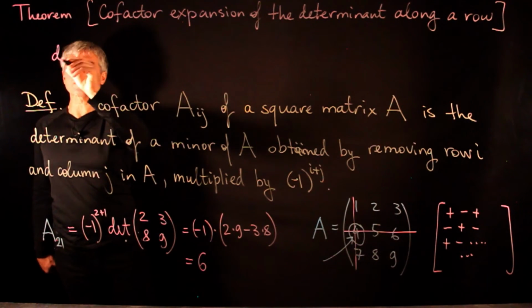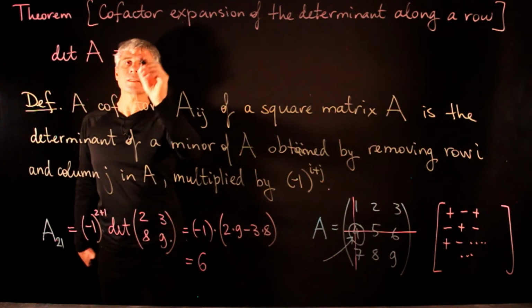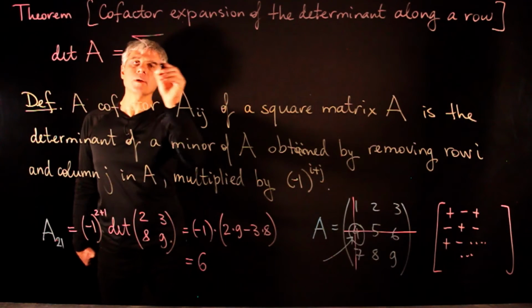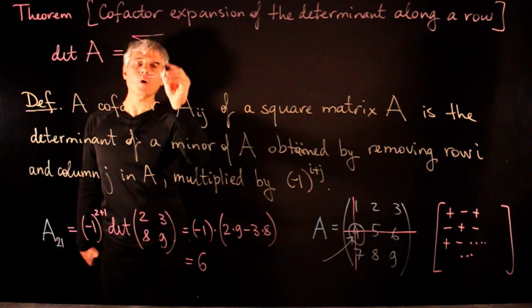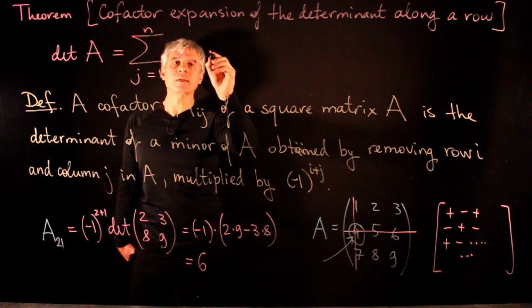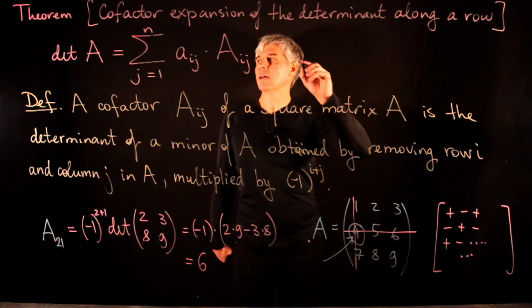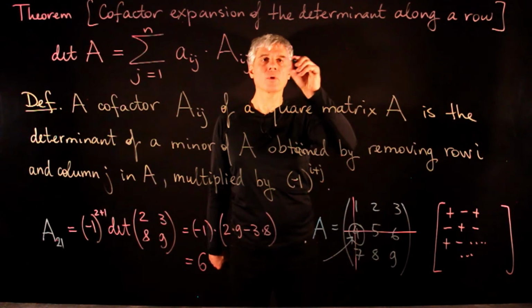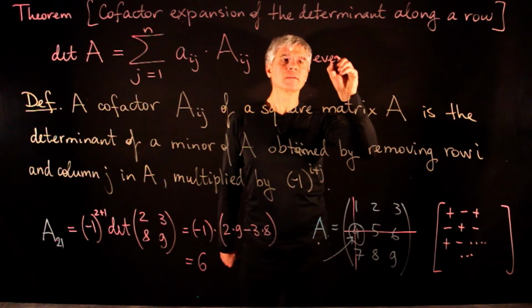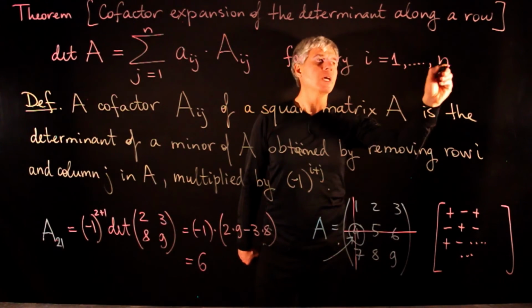This theorem says that the determinant of any matrix A is equal to the sum over j from 1 to n of a_ij times A_ij, and this formula holds for every i from 1 to n.